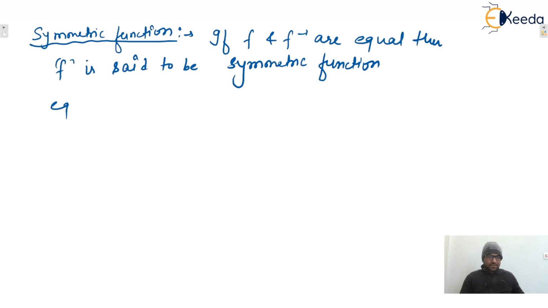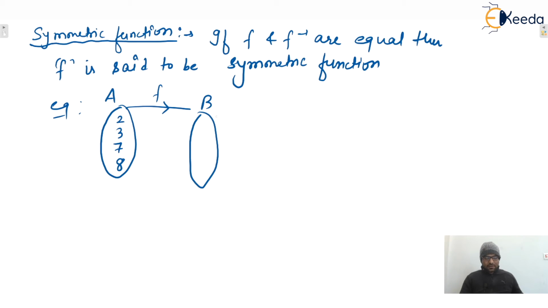For example, let us consider one function. Let's say 2, 3, 7, 8 are the elements of set A, and these are the elements of set B: 7, 8, 2, 3. Let's say 2 is mapped with 7, 3 is mapped with 8, 7 is mapped with 2, and 8 is mapped with 3.